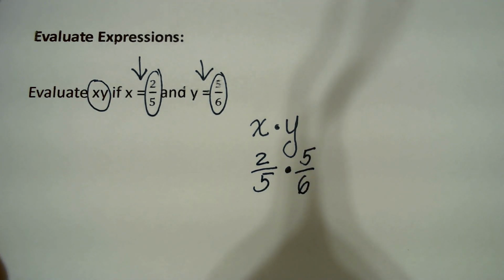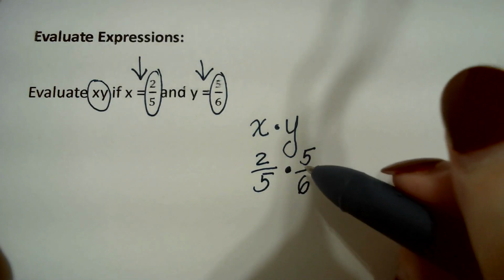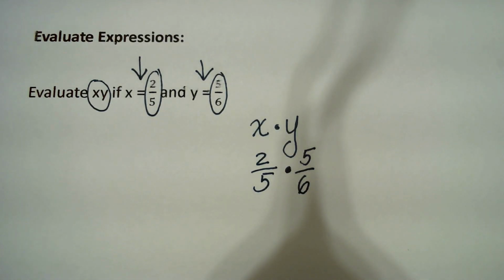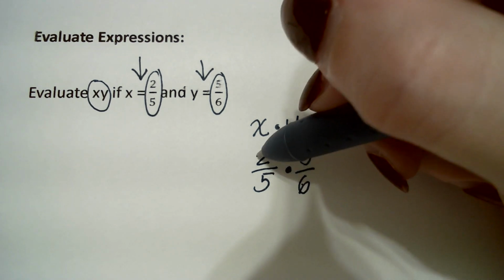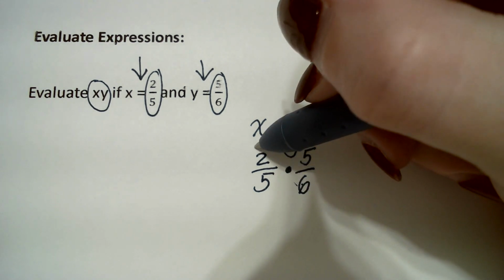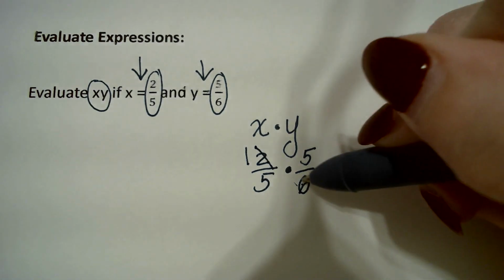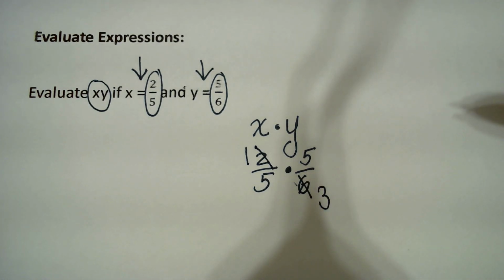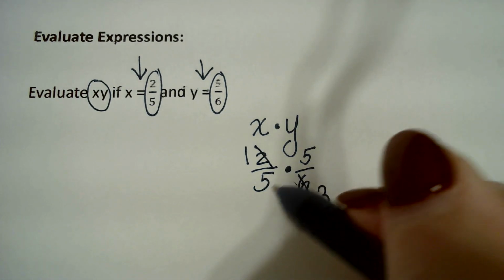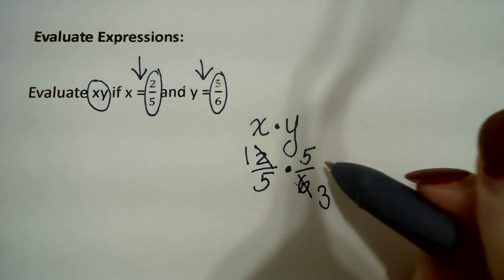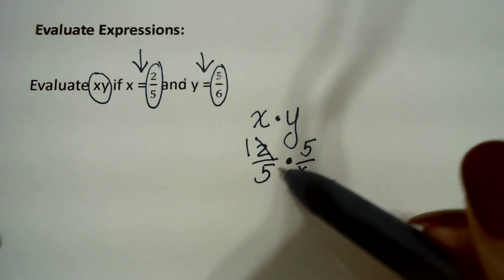So from here, we're going to multiply like the directions asked us to. So we remember when we multiply, first we check for diagonals that can be simplified. So 2 and 6 can be simplified. They can both be divided by 2. 2 divided by 2 is 1. 6 divided by 2 is 3. Our other diagonal, 5 and 5, those also have a common factor. They're the same number.